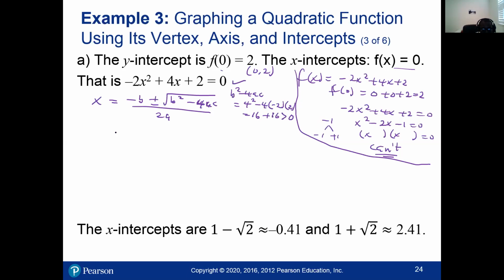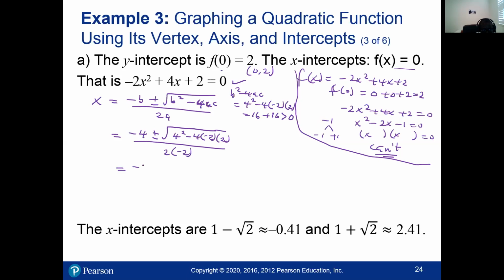So here, what is my b? My b is 4, so minus 4 plus or minus the square root of 4 squared minus 4 times a, which is minus 2, and c is 2, divided by 2 times a, which is minus 2.